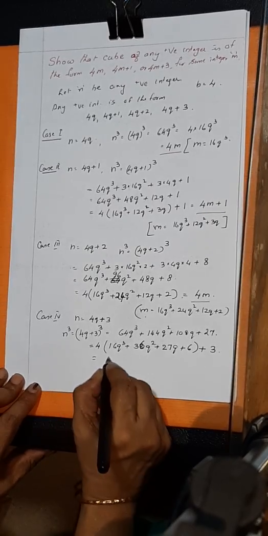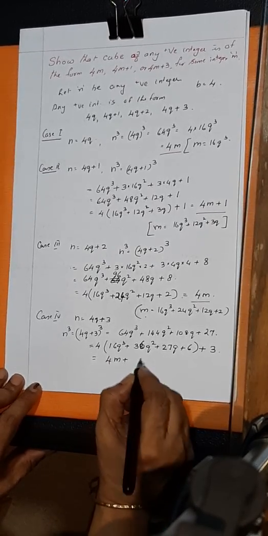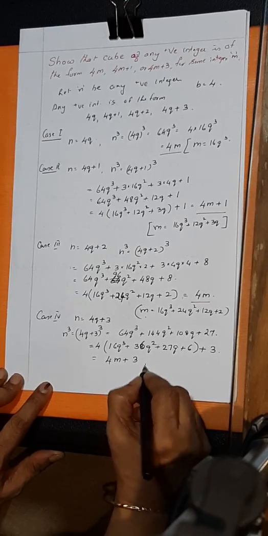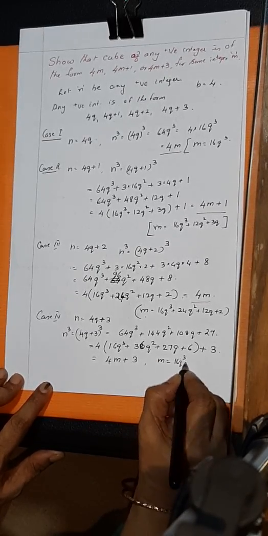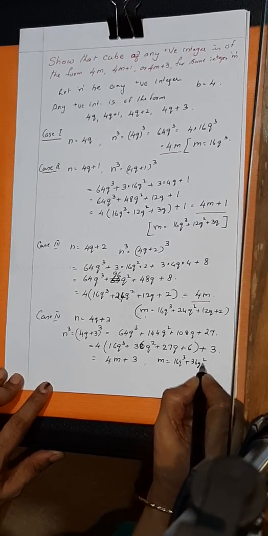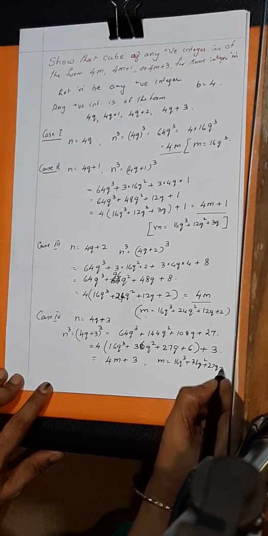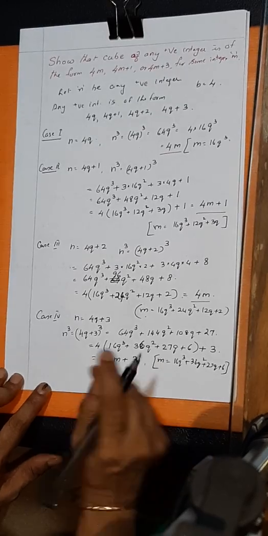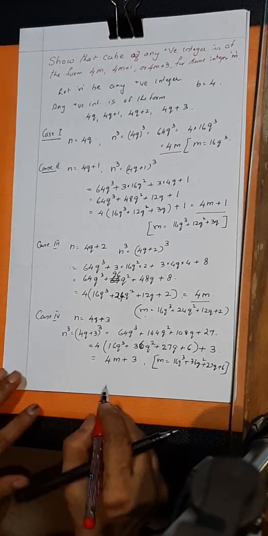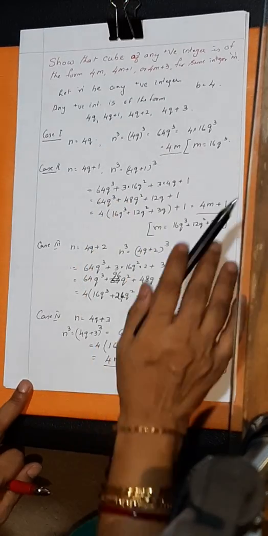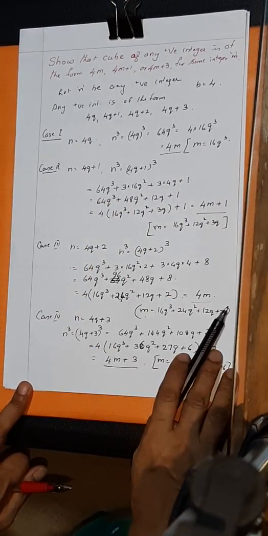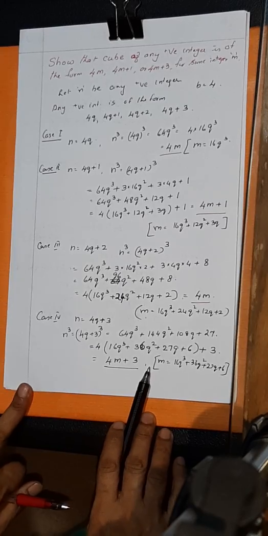So this is equal to 4m plus 3, where m is equal to 16q cube plus 36q squared plus 27q plus 6. So here the format is 4m plus 3. So you are able to write it as 4m, 4m plus 1, 4m or 4m plus 3.